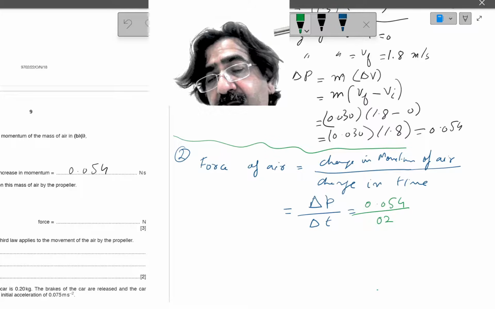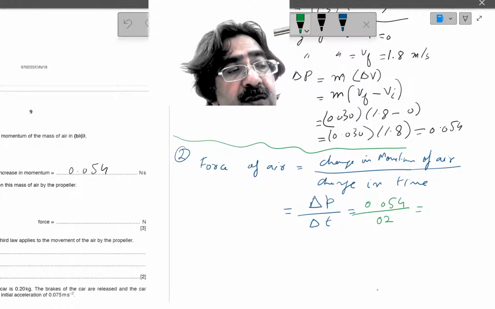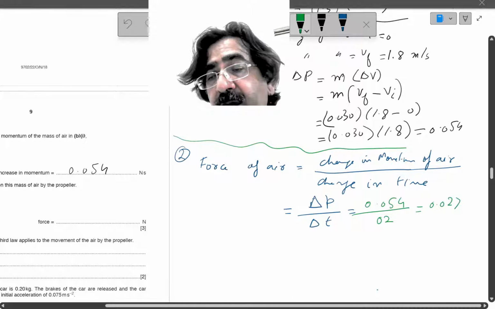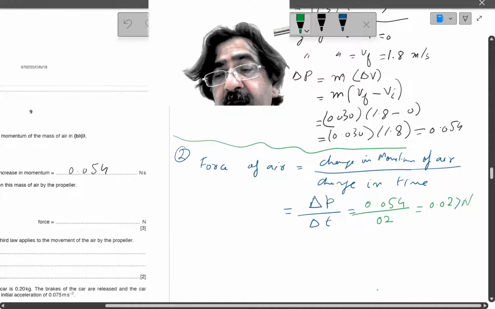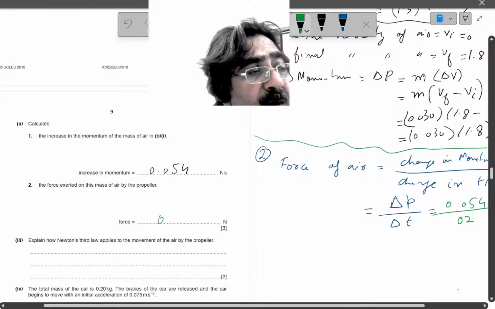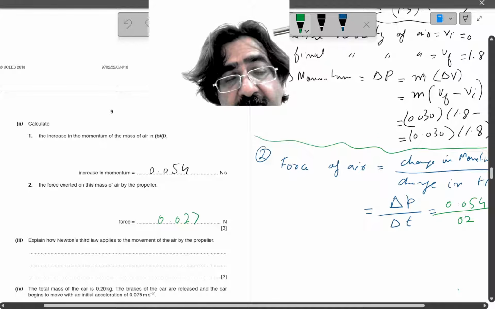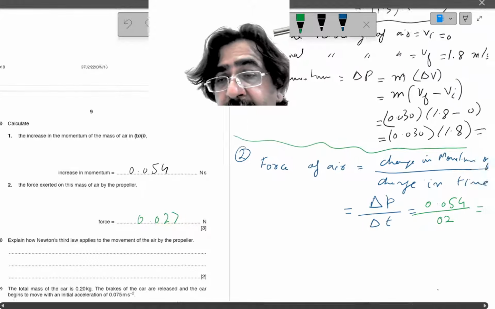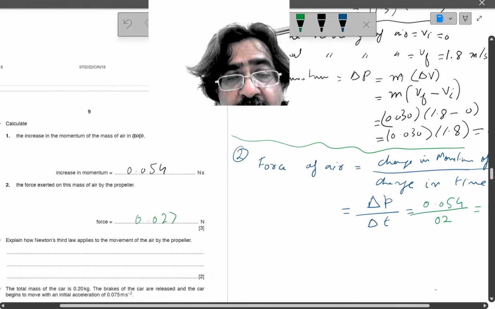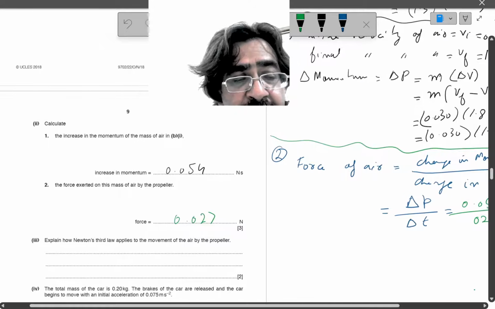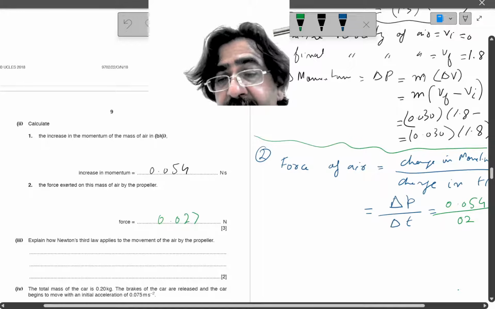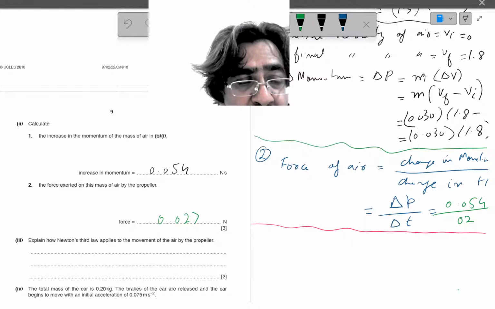So the answer will be 0.027 Newton. Okay, so that will be the second part.